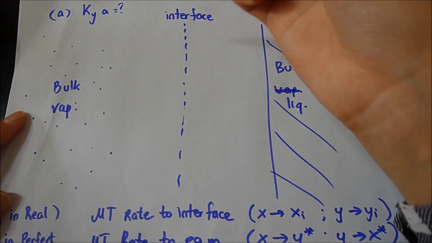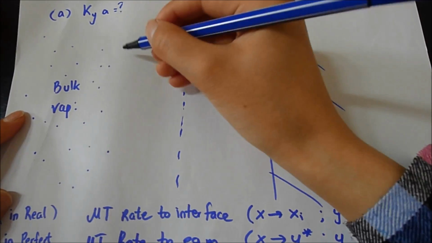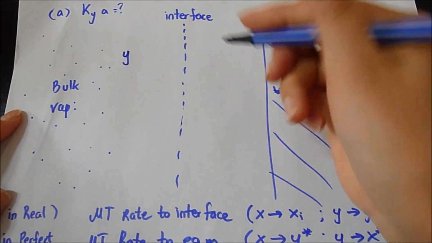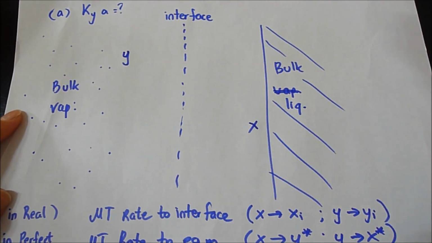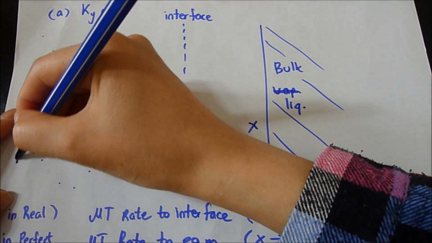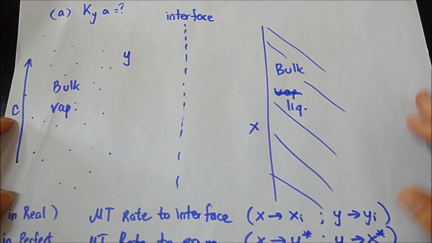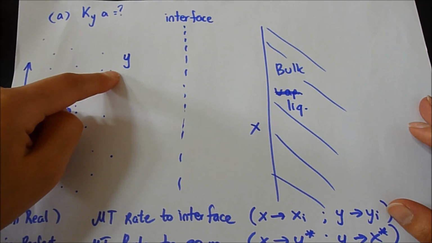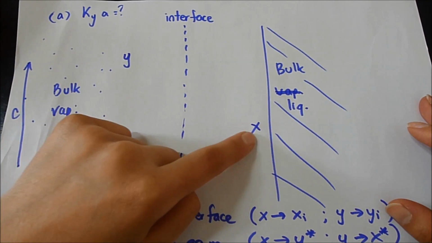So let me start with the y and the x's. Y is somewhere here and x is somewhere here. Why did I draw the y on top and x in the bottom? Because the concentration gradient is going upwards here. So ethylene oxide mole fraction will be bigger than the x.